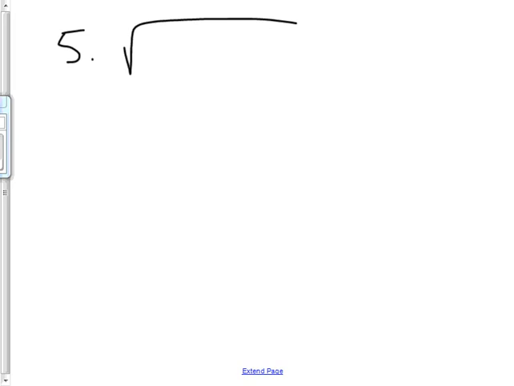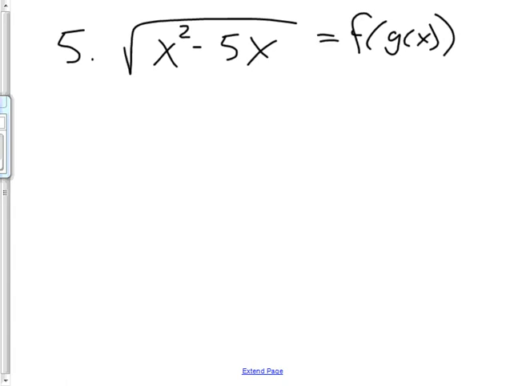It says square root of x squared minus 5x. And that is f of g of x. That's what that is. And they want to know what would f of x and g of x be. Give it a shot. I think most of you get it right.